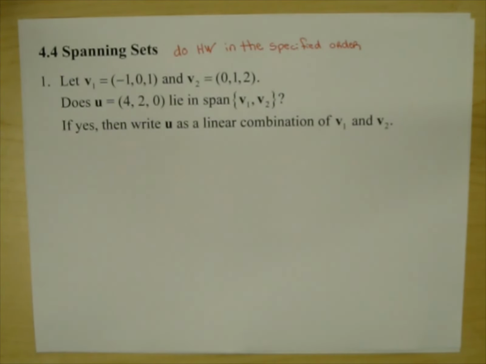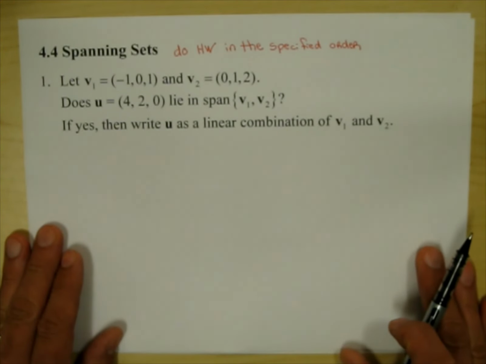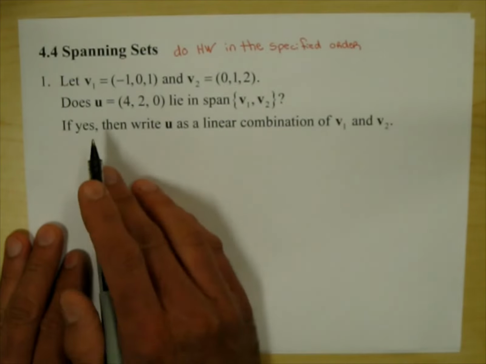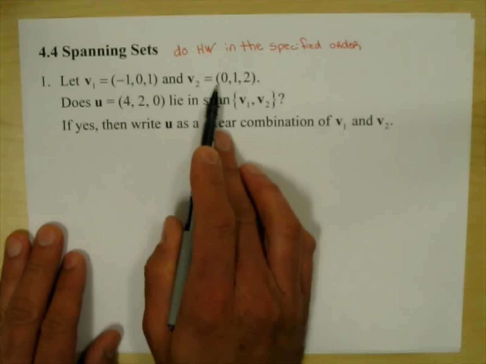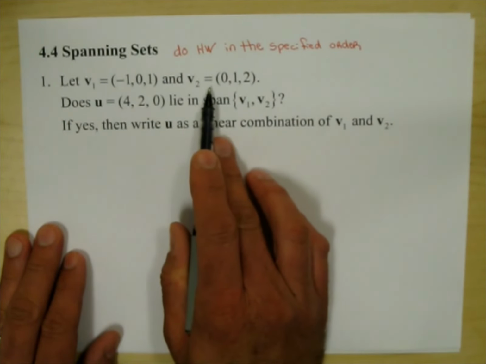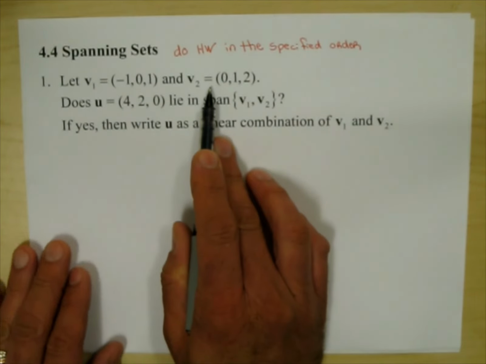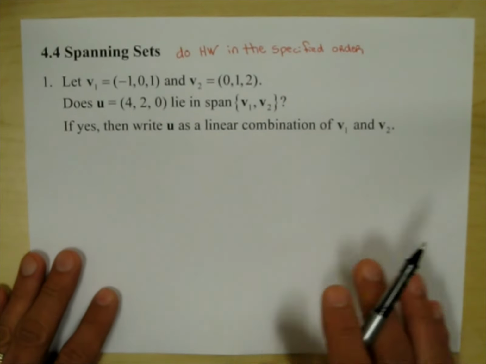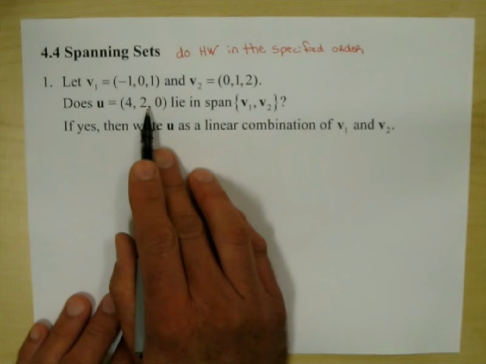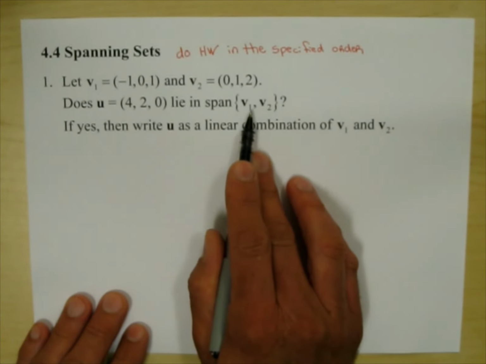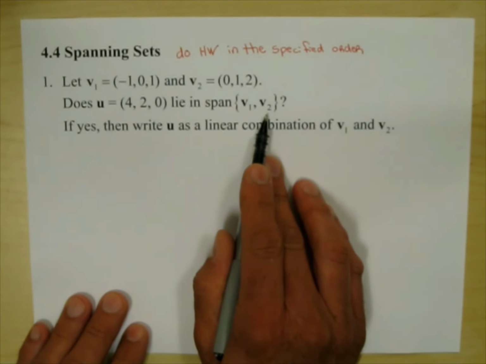So let's go ahead and take a look at this question here. You have two vectors in R3, V1 and V2. And they're asking you, this third vector, U = (4, 2, 0), does that lie in the span of V1 and V2?